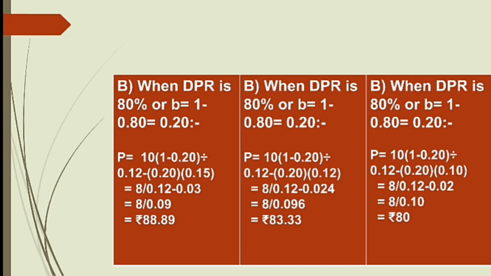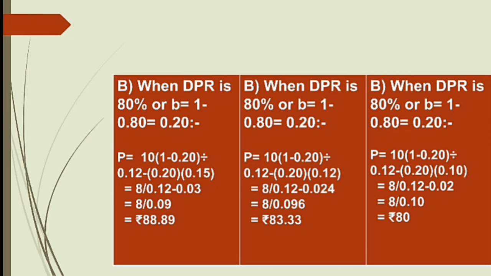The B value is the same in each category, whether R equals 15%, 12%, or 10%. When dividend payout ratio is 80%, B's value is 0.20.